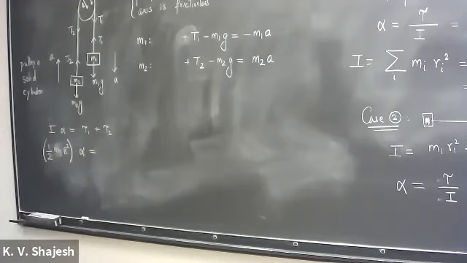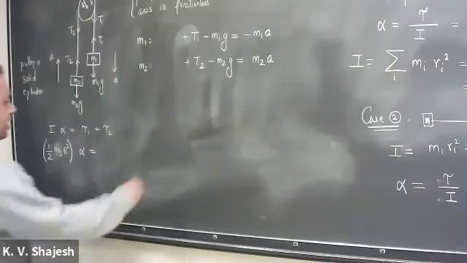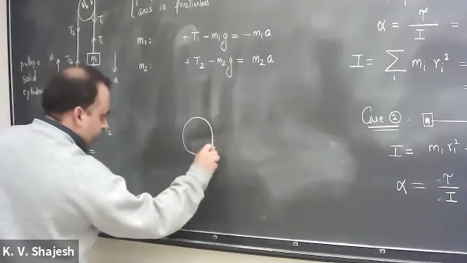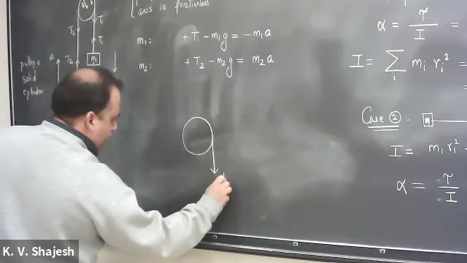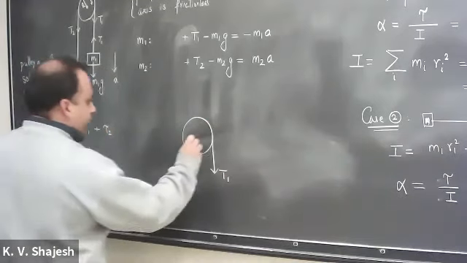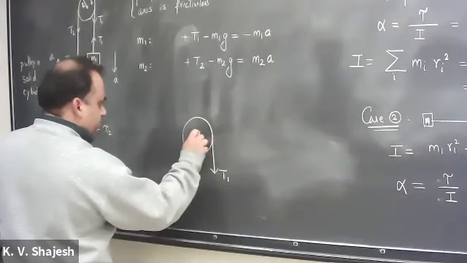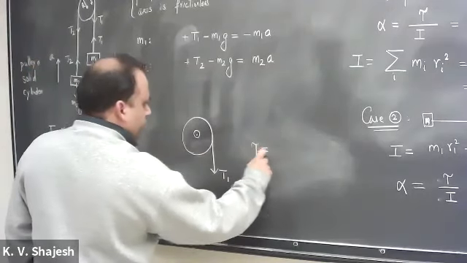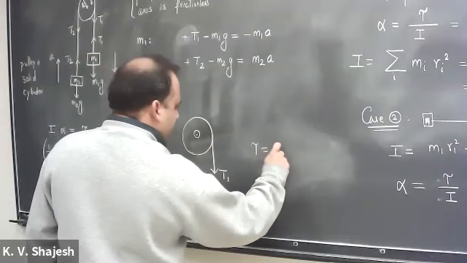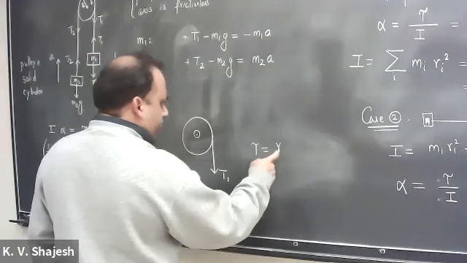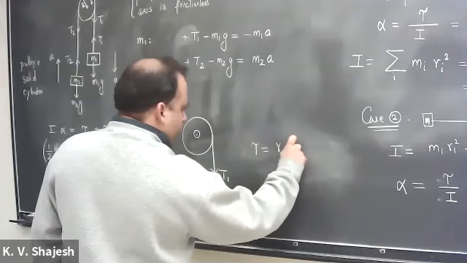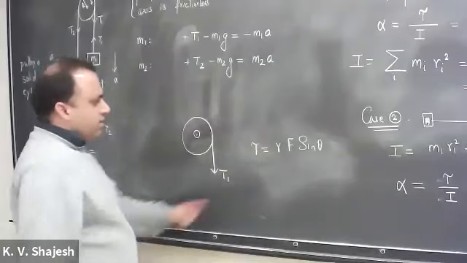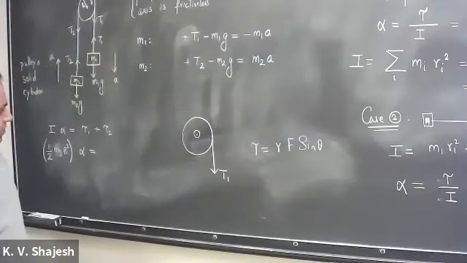And what's the torque due to tension 1? So this is your pulley, and this is your tension T1, and that's your axis. Remember, torque is equal to how far you are from the axis, that's R, times the force, times the sine of the angle between the force and the distance vector from the axis.